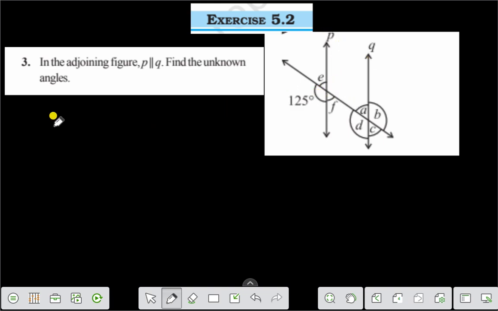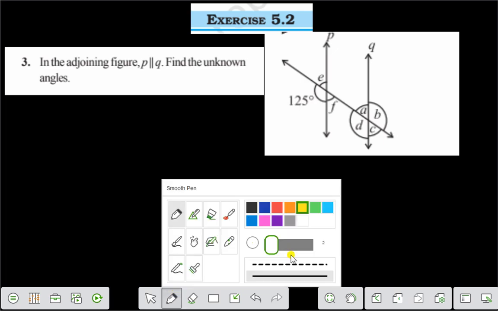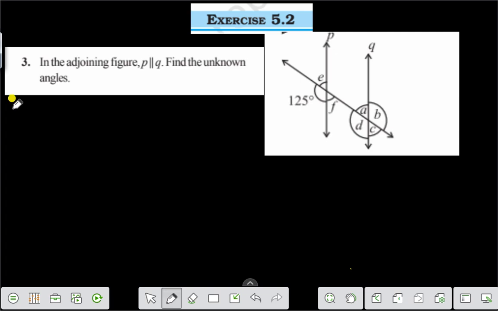Since P is parallel to Q, and this line is a transversal.